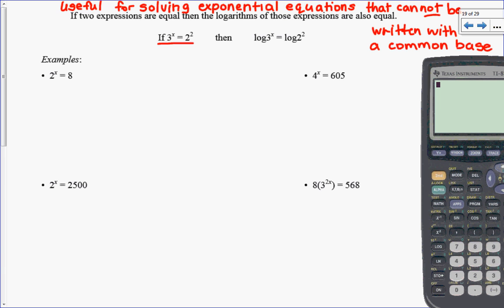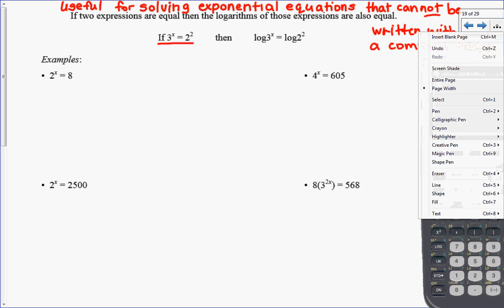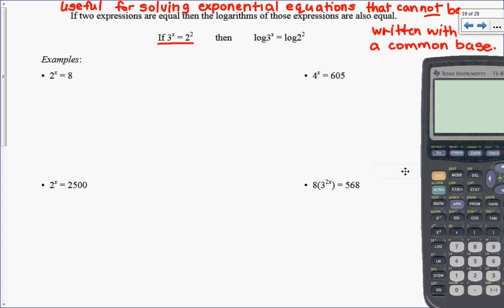Okay, and then you'll need to find a highlighter, because I'd like you to highlight the statement at the top of the page. When you can't write the exponential equation with a common base and solve it that way, then you know that this fact is true.